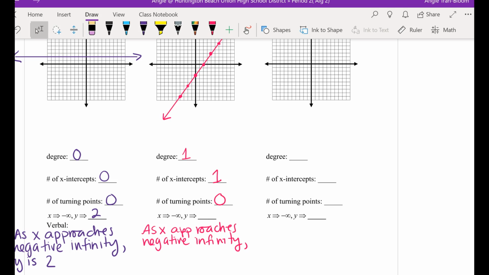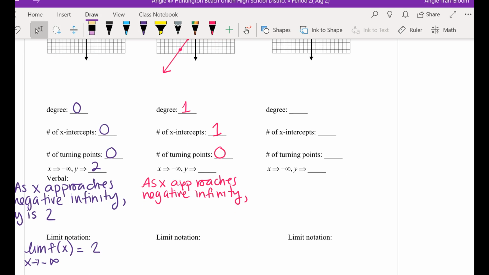Okay, but here's a word that is not the same as the first one. We wrote y is 2. For this one, because infinity is not an exact pinpoint location, we say y approaches. Y approaches what? Negative infinity. Okay, that's the difference between if you have an answer versus you have an infinity. So on this line, we write negative infinity.